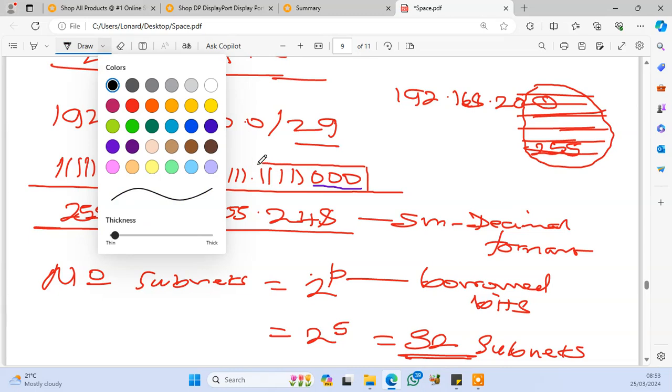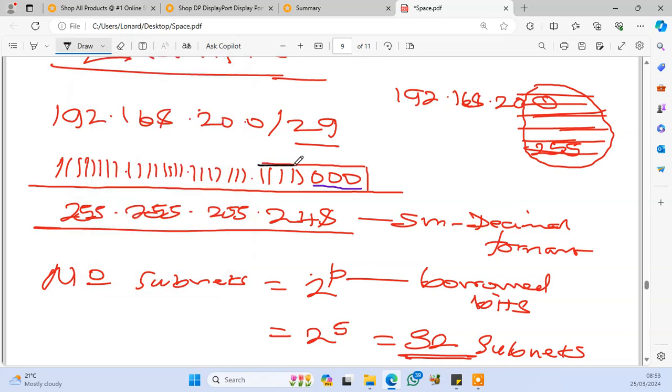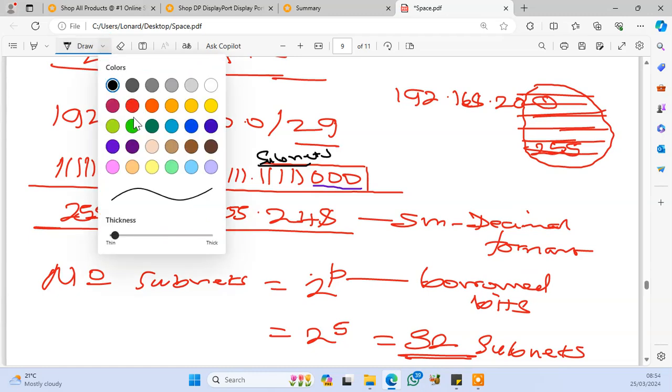So here you're looking for the number of subnets, and on this we are looking for the magic number.